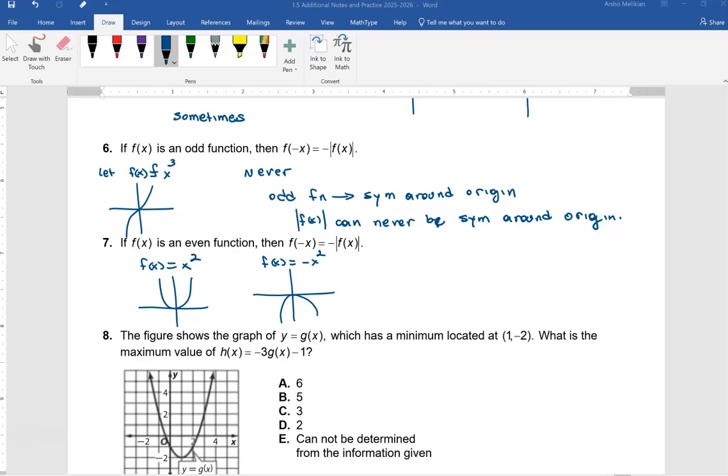F of negative x will be the same thing. Look, f of negative x will be negative x squared. Does that make sense? Okay, now what's the absolute value of f of x? Everything's positive. What's the negative of this? Oh look, that is equal to it. So this one is sometimes.